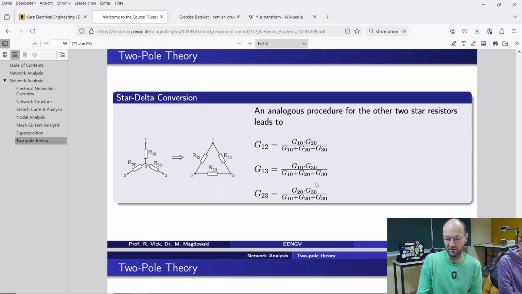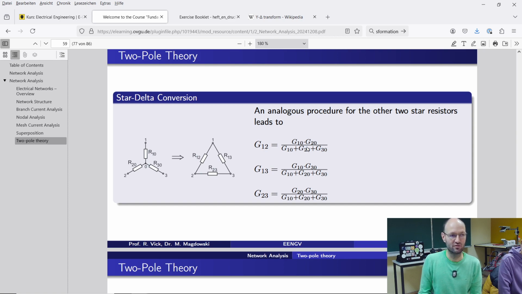This is the way it's written with conductances. And then you see it's the same as we had before, just with conductances. So if we want to have the conductance of the resistor that is connected between nodes 1 and 2, it's the product of the two conductances that are connected to these nodes in the star connection divided by the sum of all the three conductances.